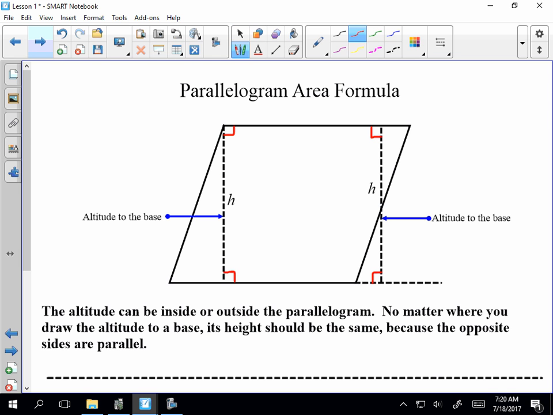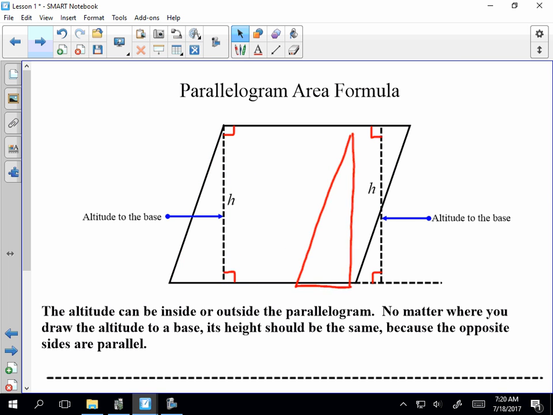The reason why this formula works is, once again, I can cut a triangle off of one side, and if I move it over to the other side, I haven't changed my base length, I haven't changed the height, and I've just turned this shape from a parallelogram into a rectangle.